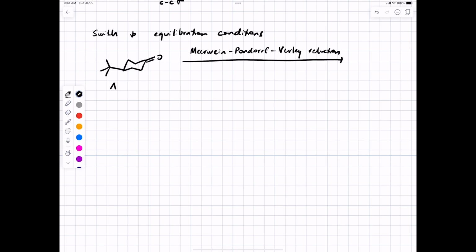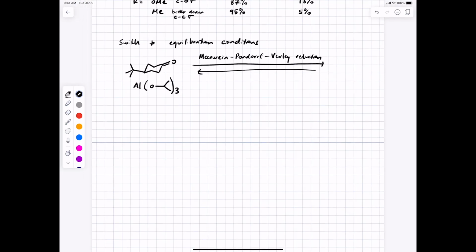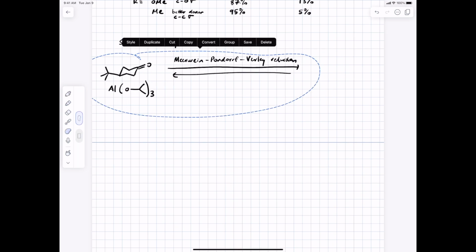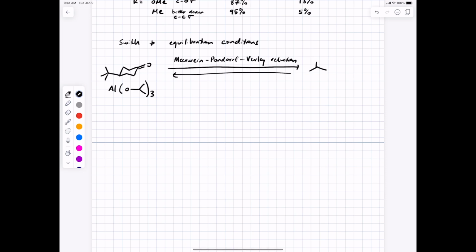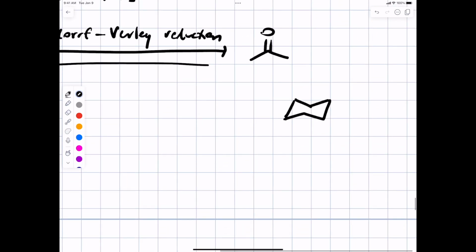And this is a weird reaction that involves aluminum triisopropoxide, and it's in equilibrium with acetone and the following two isopropoxides.